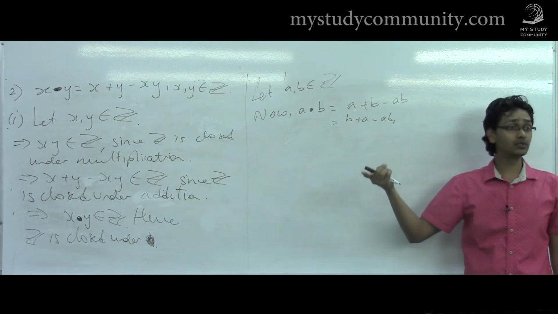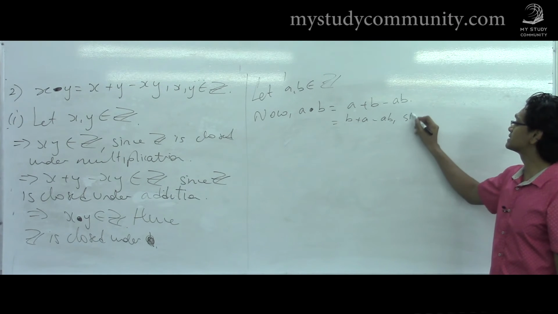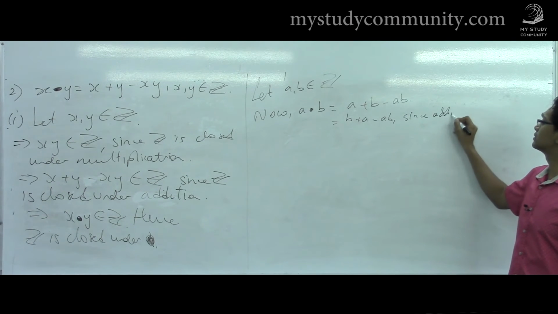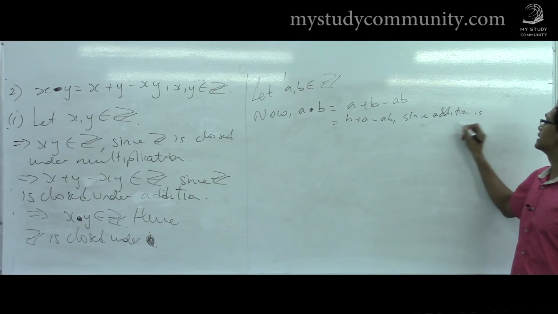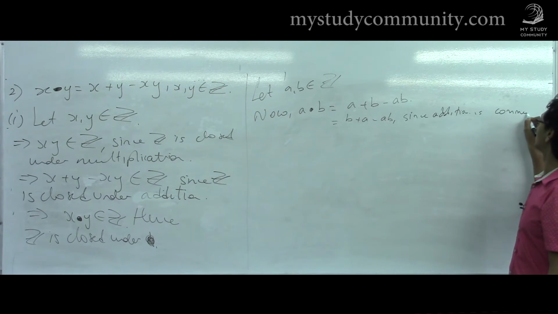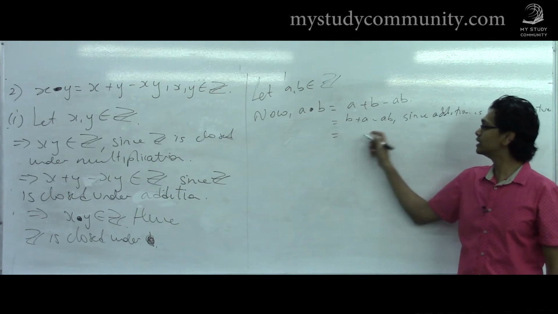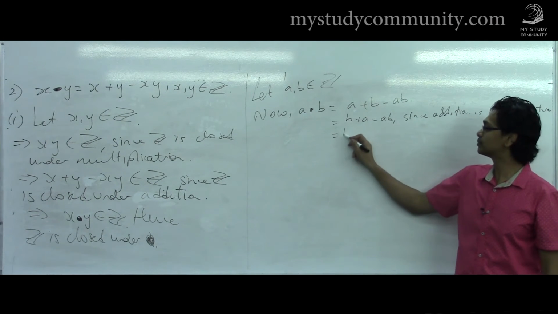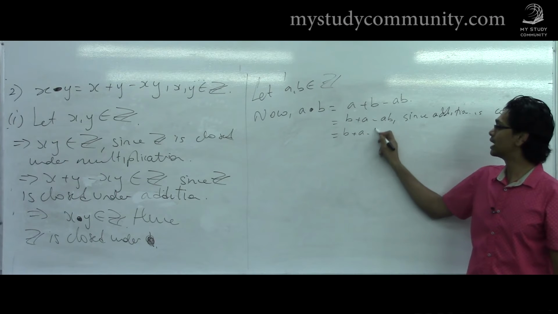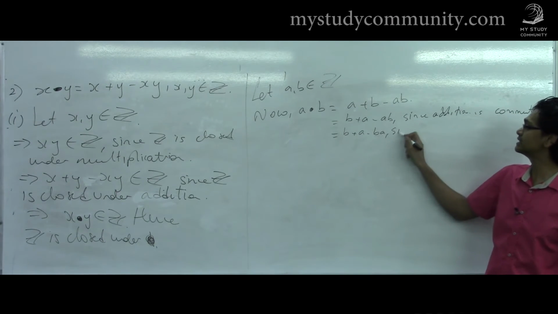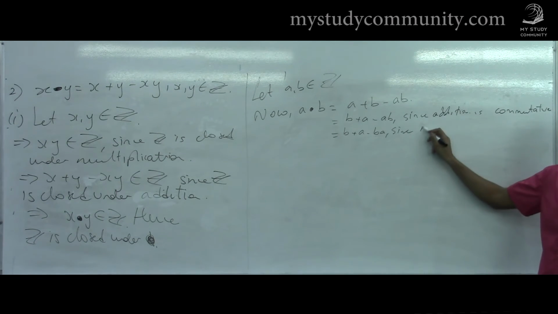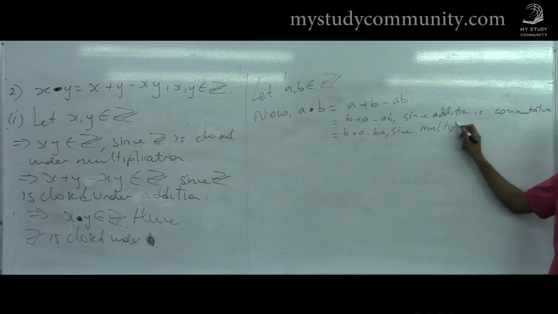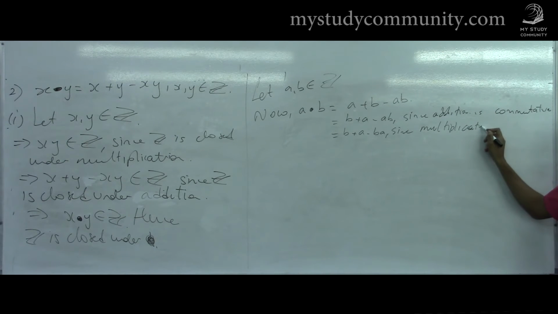Because addition is commutative, right? Since addition is commutative. And then now we interchange the A with the B for multiplication, minus BA, and this is since multiplication is commutative.